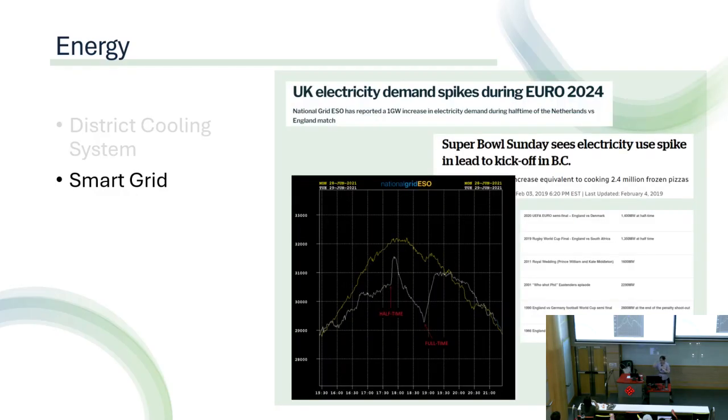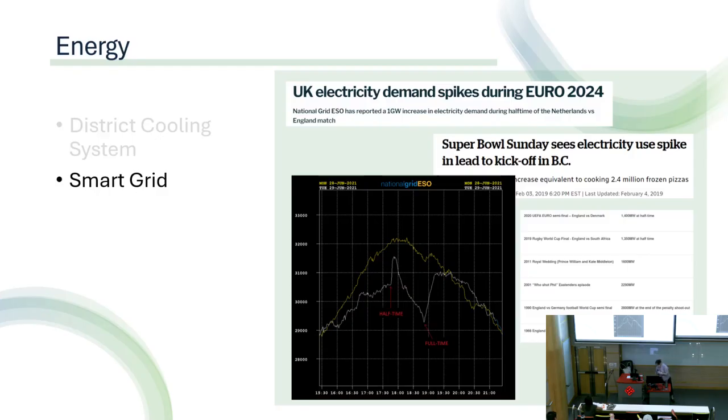And what they found in the UK was that at certain times or events, there would always be a sudden spike in electricity. Without a smart grid, because of this unforeseen spike, the energy strains down. There's not enough energy to go about.